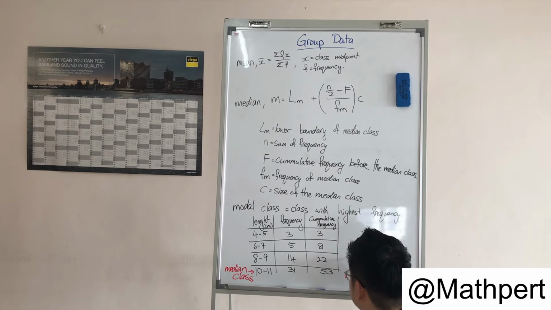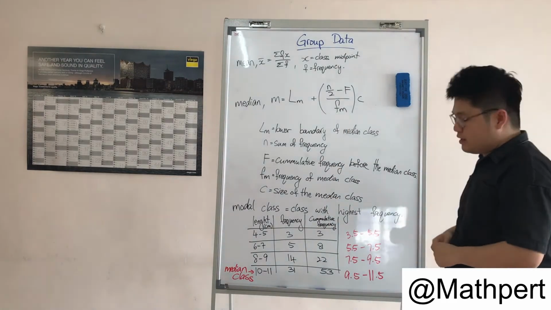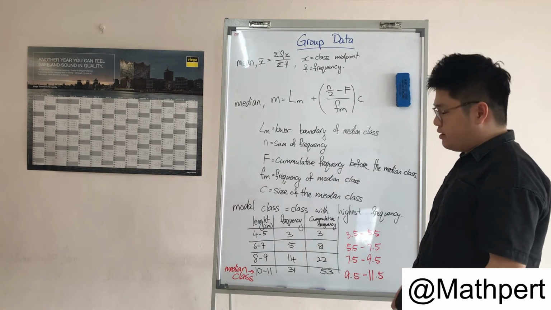Here is 7.5 to 9.5. This case is 5.5 to 7.5. This case will be 3.5 to 5.5.